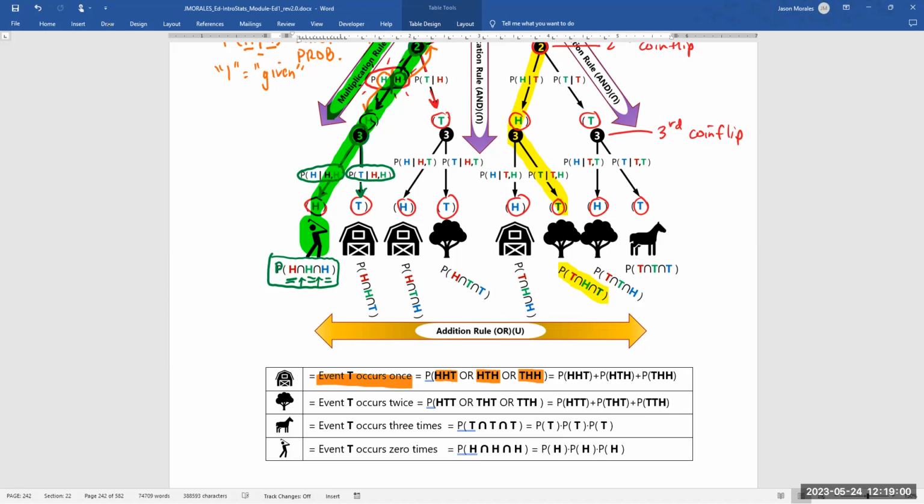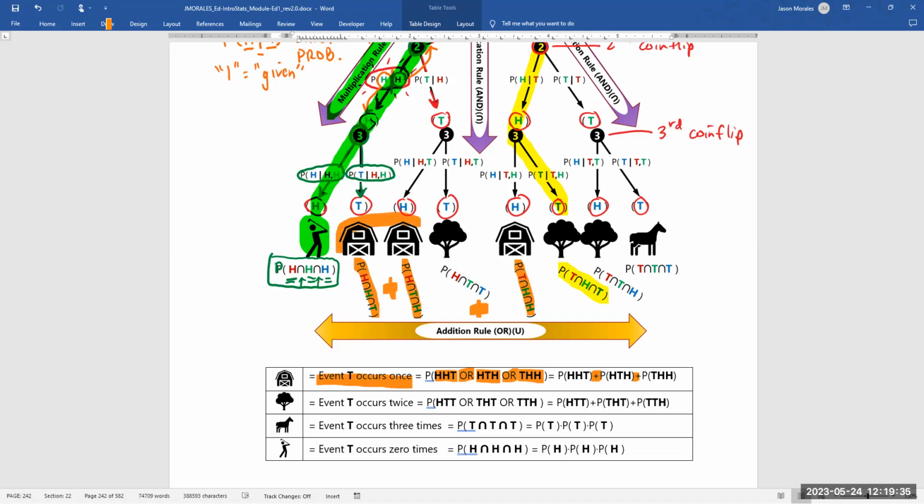And so because we don't really care about where the tail occurs, either in the first, second, or third, that's where we use the word or. And when we use the word or, we mean addition. So what we would do is we would add the probabilities of heads, heads, and tails, heads, tails, and heads, with tails, heads, and heads.